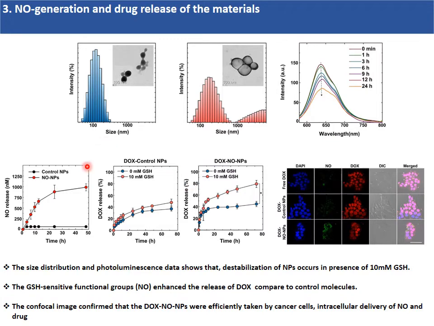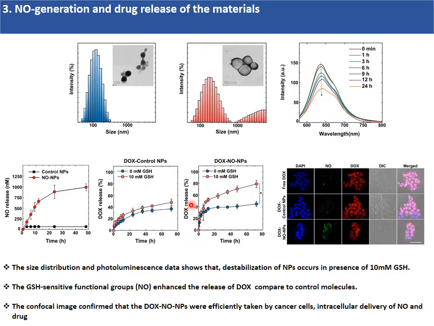And this is the release profile, which proves that the nanoparticle release is much higher in 10 millimolar glutathione than in the control. The DOX control nanoparticle has about the same release in the presence and absence of glutathione.